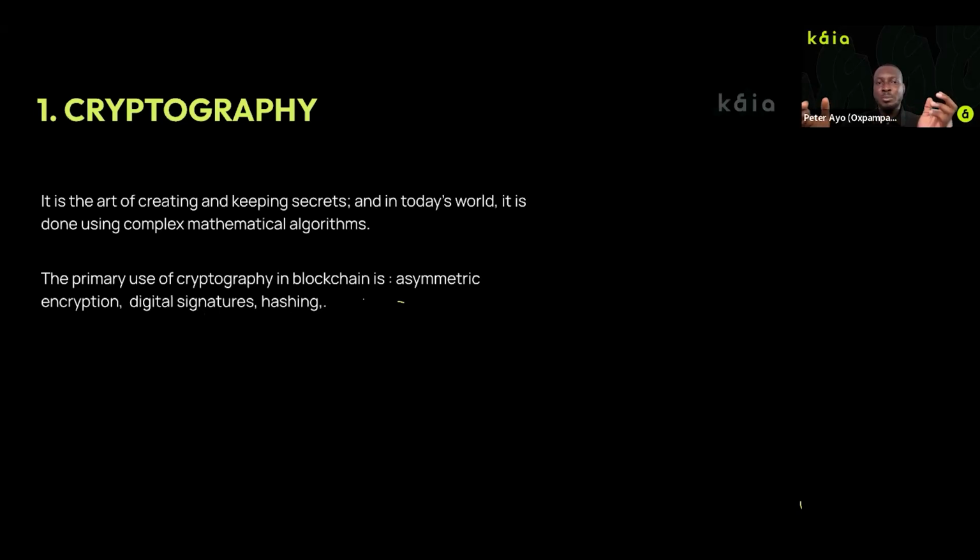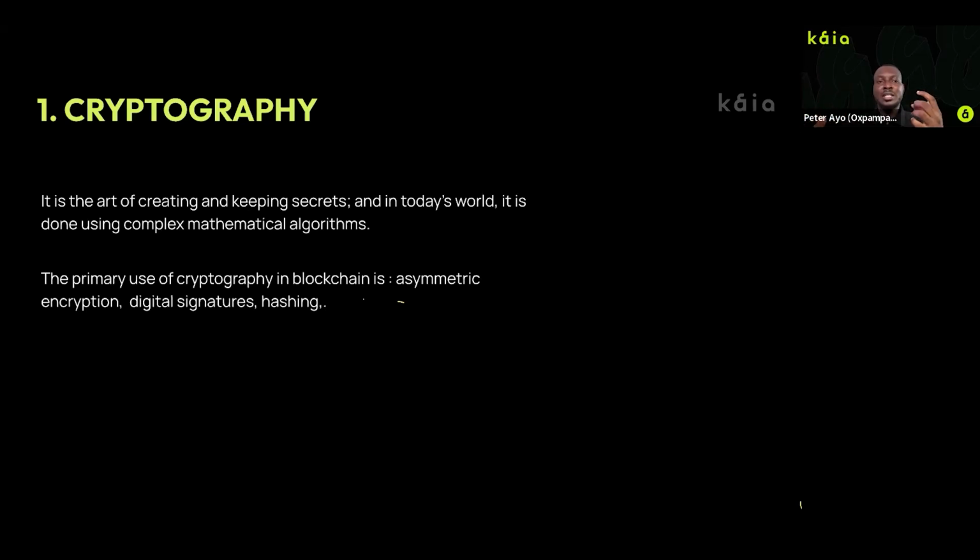I wrote here that it's the art of creating and keeping secrets. And in today's world, it is done using complex mathematical algorithms. Basically just encrypting data and decrypting it, such that only intended parties can have access to the decrypted data.